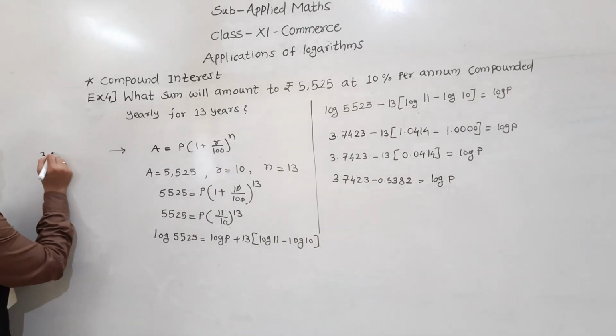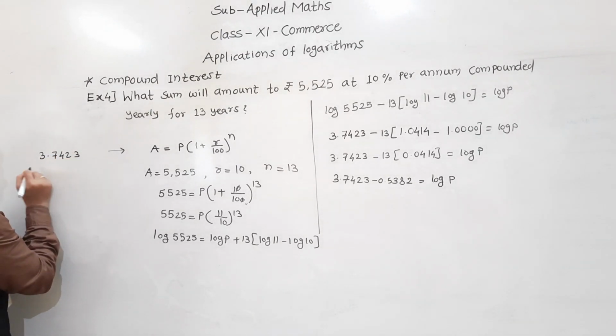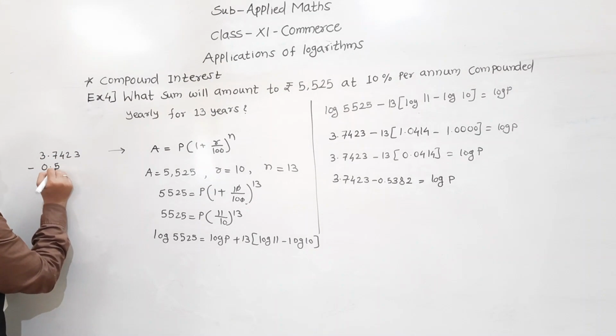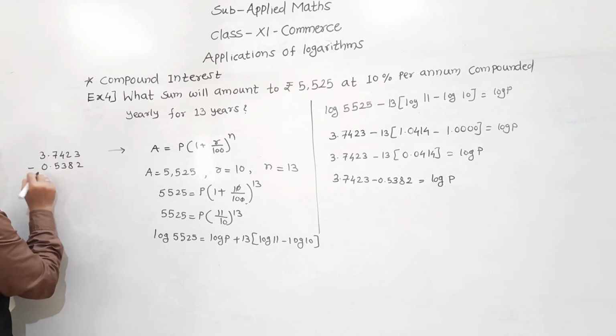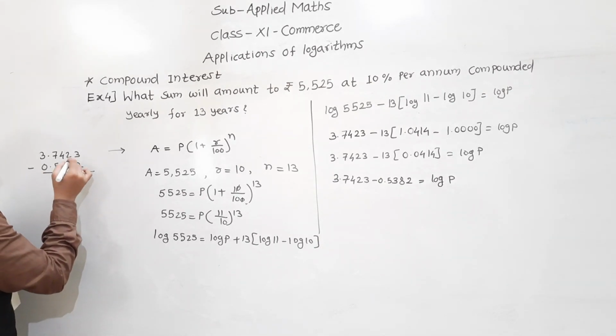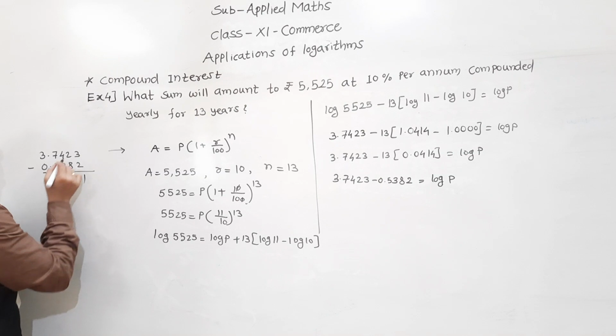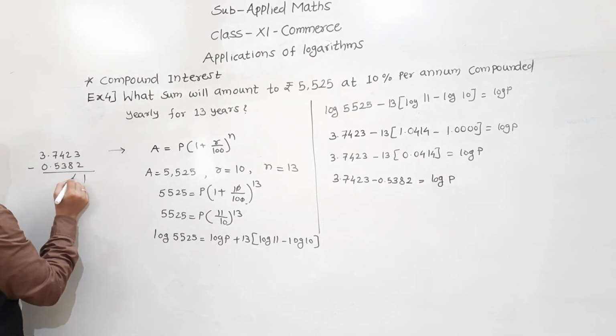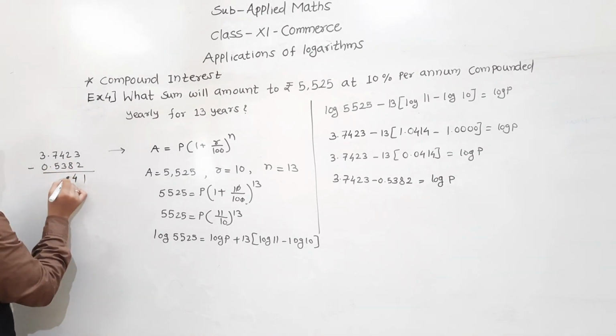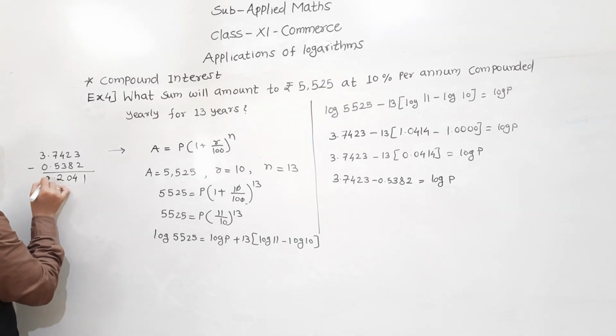We have to subtract this. 3 minus 2, 1; 12 minus 8, 4; 3 minus 3, 0; 7 minus 5, 2; and this is 3.